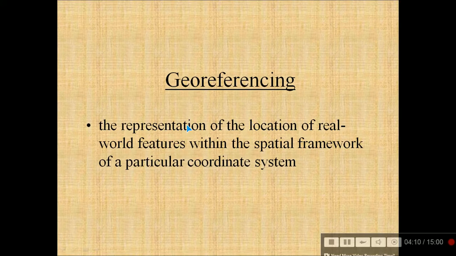And georeferencing: the representation of the location of real world features within the spatial framework of a particular coordinate system. That is, you have an image of a certain place, it has no location information, so putting location information which fits that particular image to the particular area which was imaged is georeferencing.